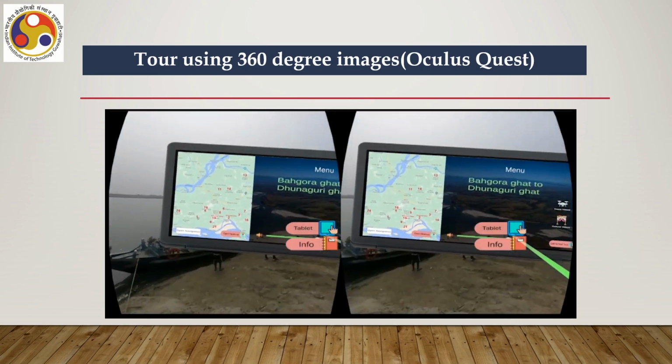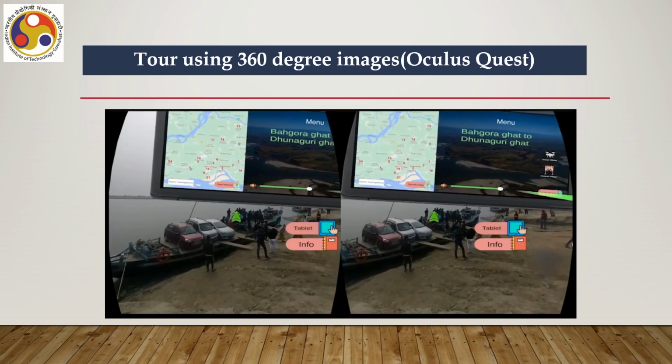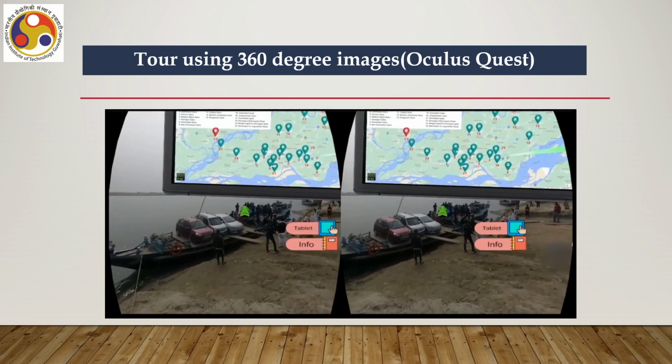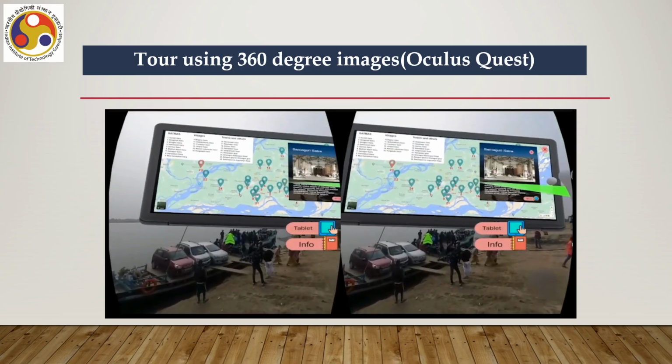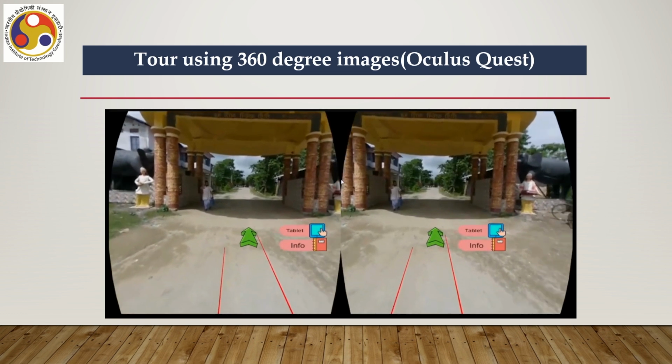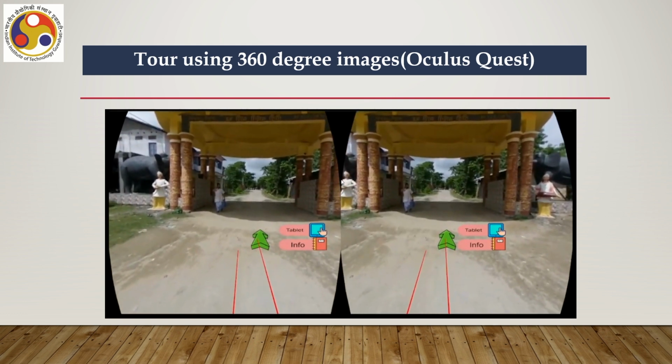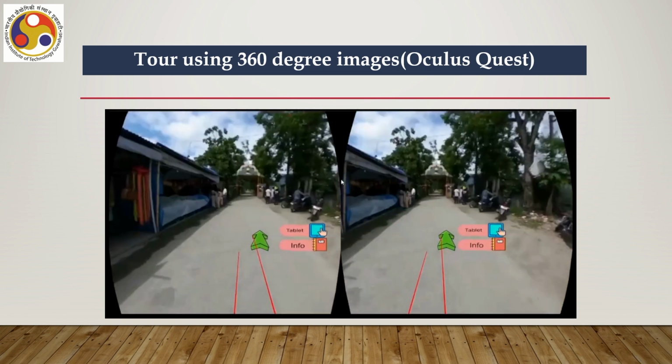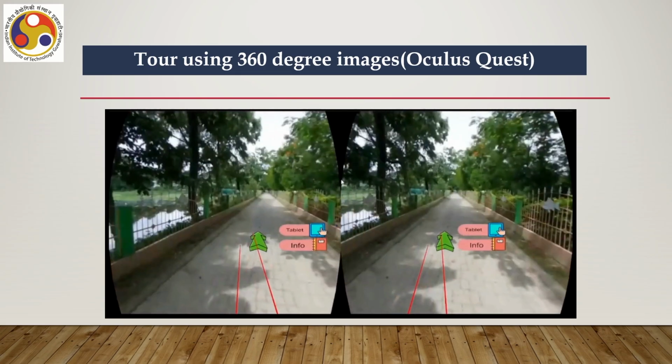Then the user reaches the river bank, and there this tablet interface appears. The user can select a location using the tablet interface, the map, and then can go to a particular location.